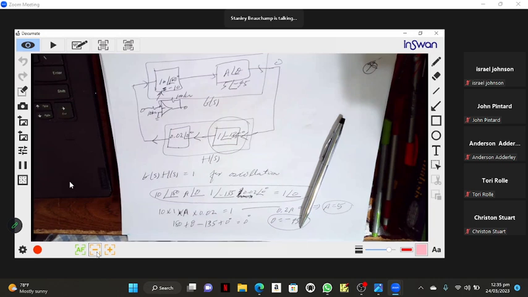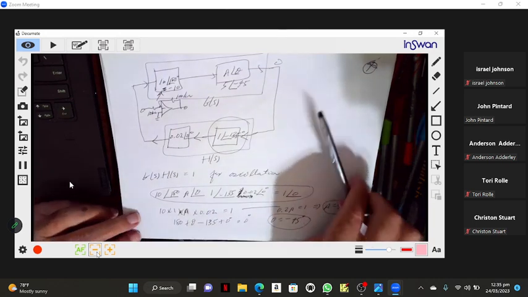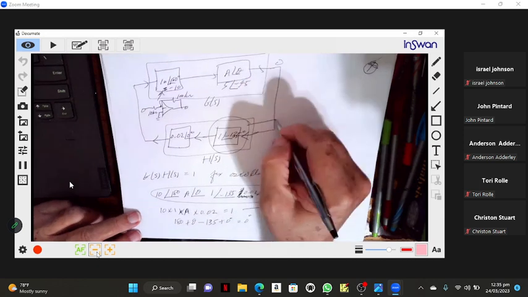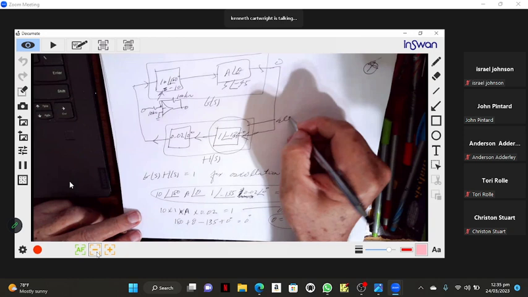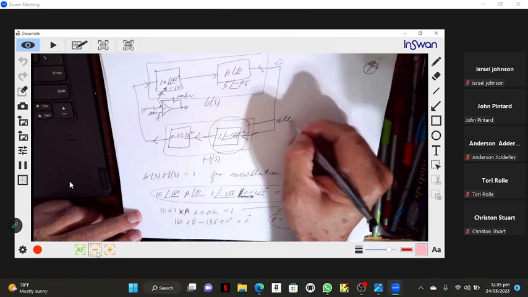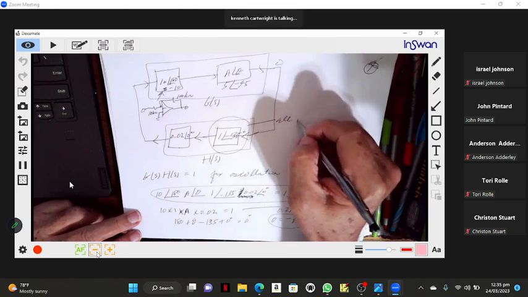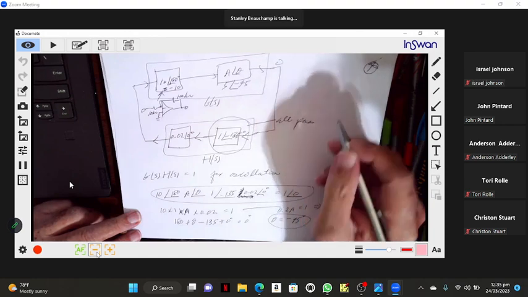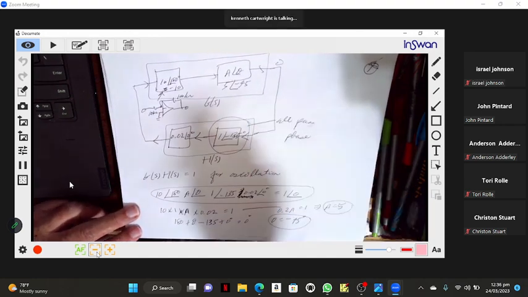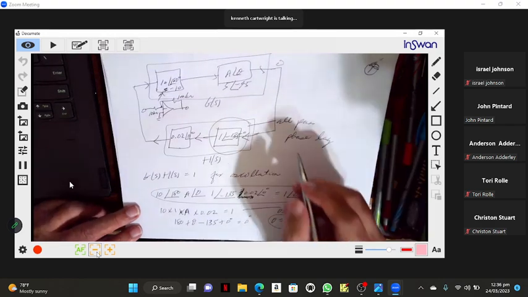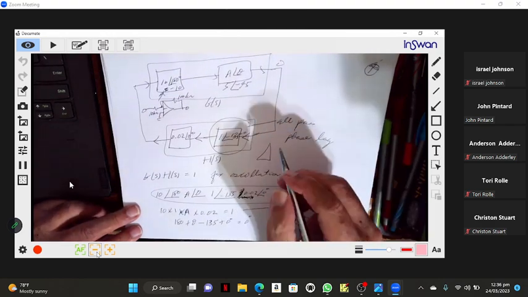It has to do with the all pass. Phase lead or lag? Yes, phase lag. And you remember that looks like this.